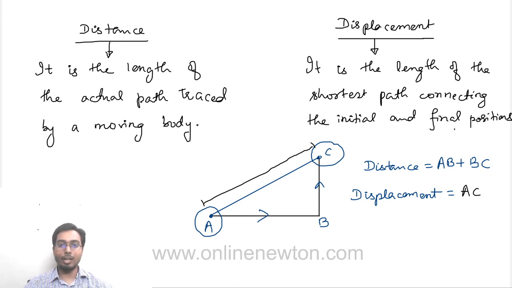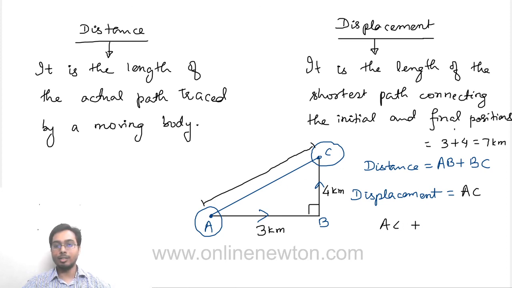So if we take a few values, we can solve it. Let's say AB is 3 kilometers and BC is 4 kilometers. So you can see the distance is going to be 3 plus 4, that is 7 kilometers. And since this is a right angle triangle, displacement can also be found out by the Pythagoras theorem.